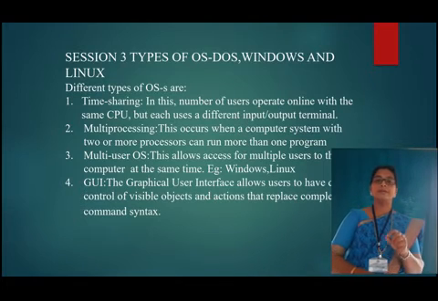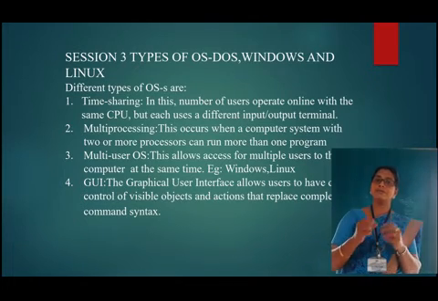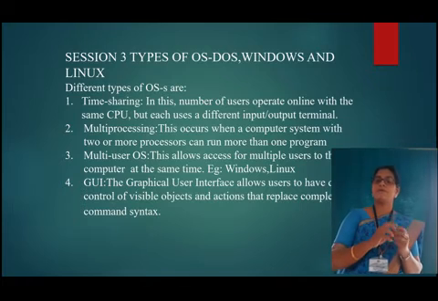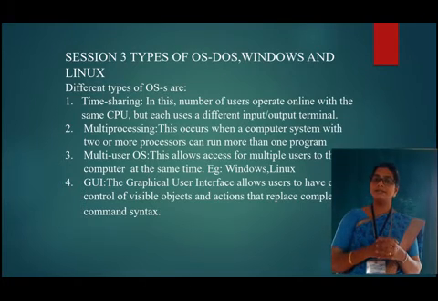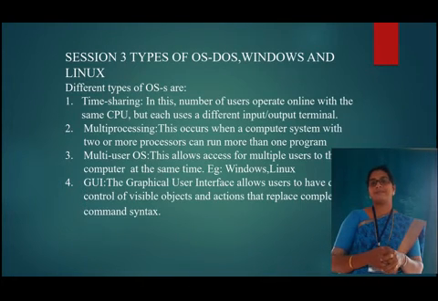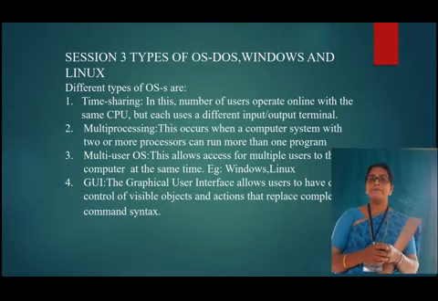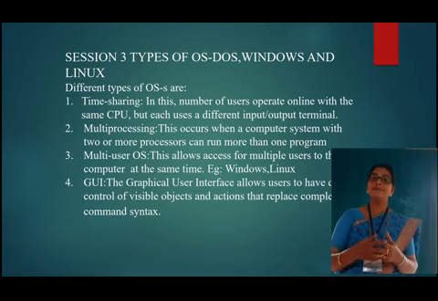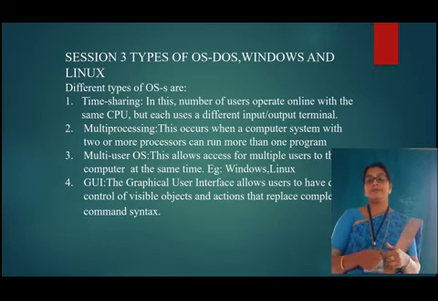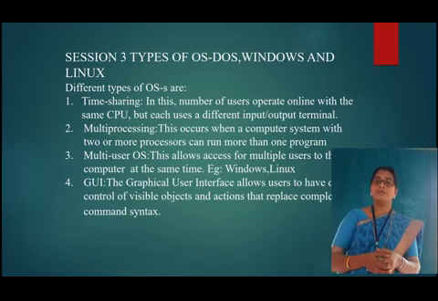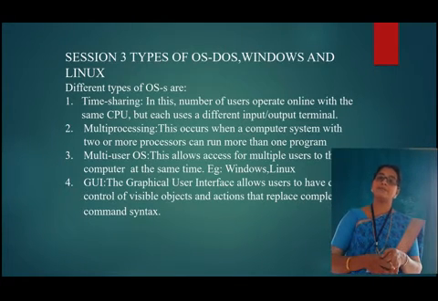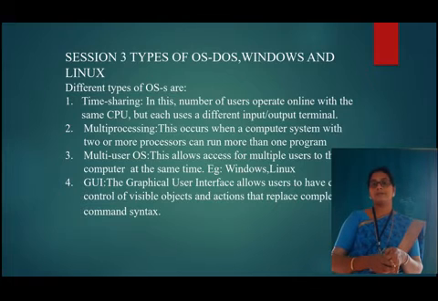If you see the recycle bin icon, we know that it is the folder which consists of the deleted files, right? So like that, these graphic icons are used to make it user friendly. So Windows and Linux operating systems are using the graphical user interface.